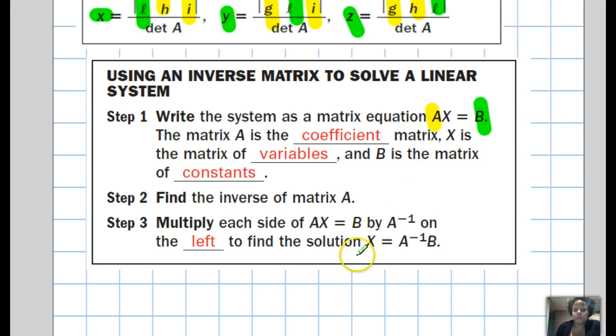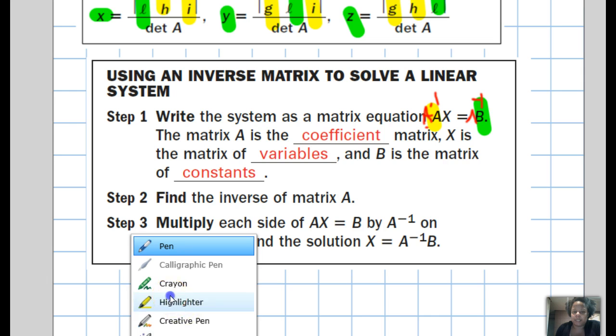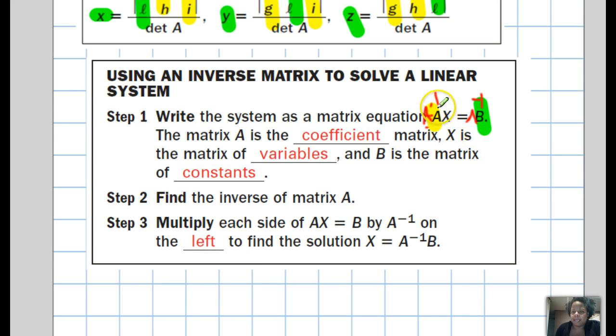So in other words, if I multiply by A inverse, then this is what I'm going to have: A inverse on one side and A inverse on the other side to maintain the equality. But A times A inverse, from what you guys know, is the same thing as the identity matrix. And whenever I multiply the identity matrix by a matrix X, I get the original matrix back.